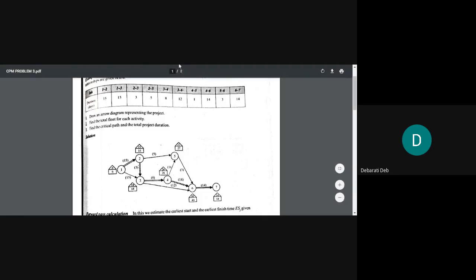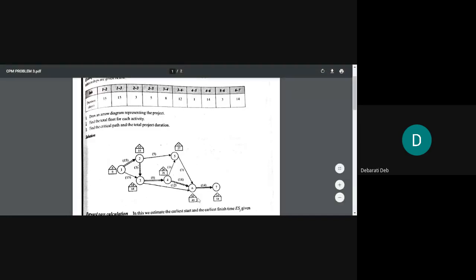Next you have to make one activity from 5 to 6. So lastly all the arrows are joining at 6. And finally, 6 also is leading towards another event, that is 7.